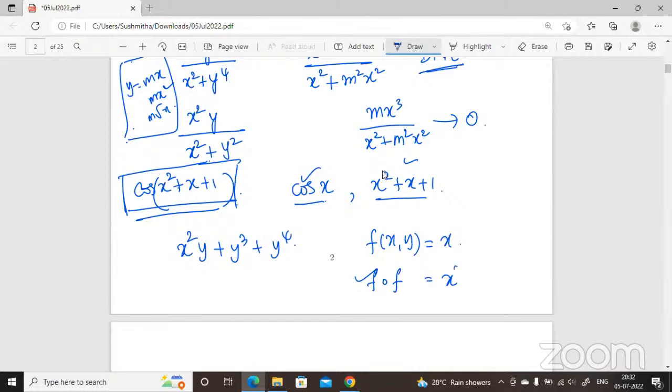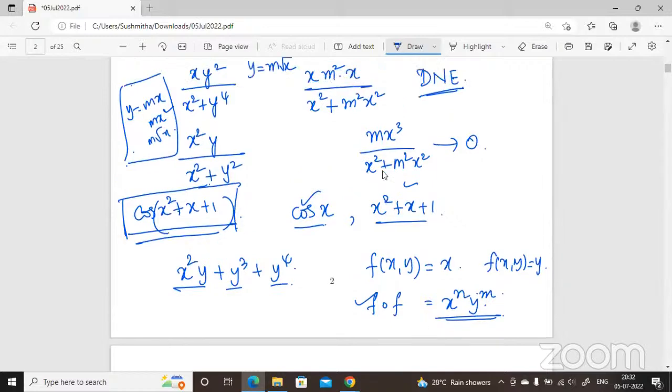So any x power n is going to be continuous. Similarly, f of x comma y is equal to y is a continuous function. So I can do a composition in terms of y, and then all these are going to be continuous functions. And then I'm just adding continuous functions. And if such a function were to approach certain xy values, I can directly substitute the values and be done with it, correct? I don't really need to break my head. I know that polynomials are continuous. Okay. So only in discontinuous things is where we have the issue.